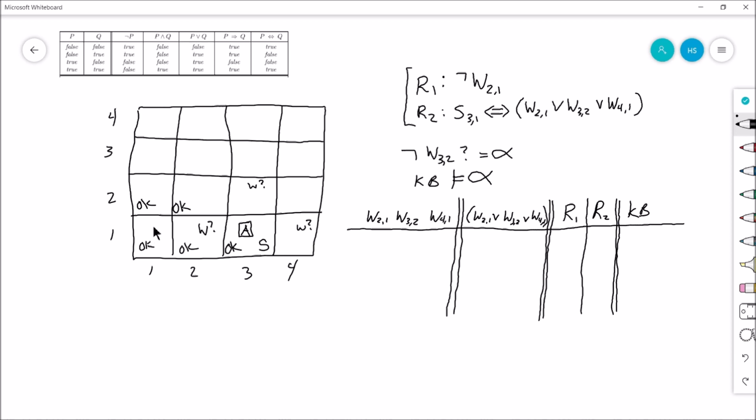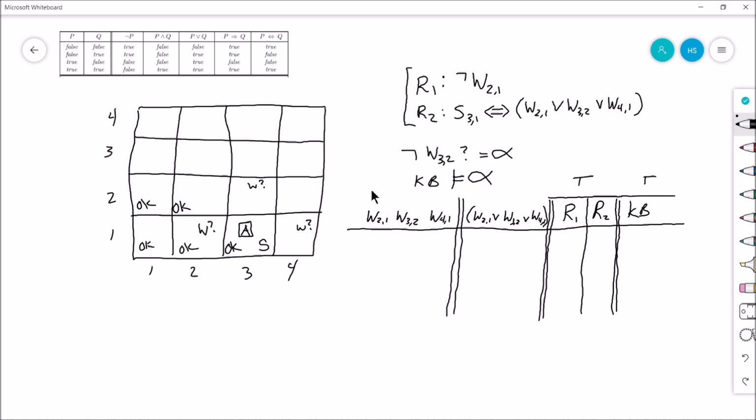So of all of the true knowledge bases that we go through, or that could be possible, we're going to have to make some judgments. We're going to have to make some inferences. So we'll only examine those rows where the knowledge base is true. Now, the knowledge base will only be true if everything listed in the knowledge base is true.